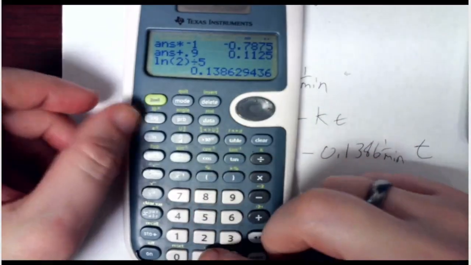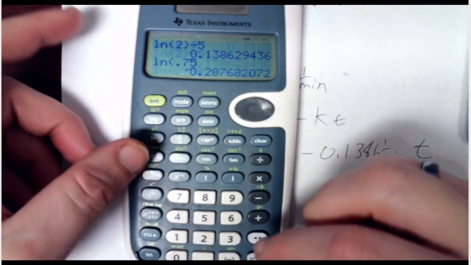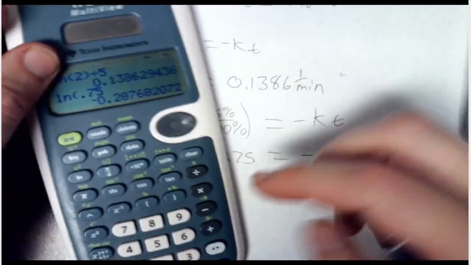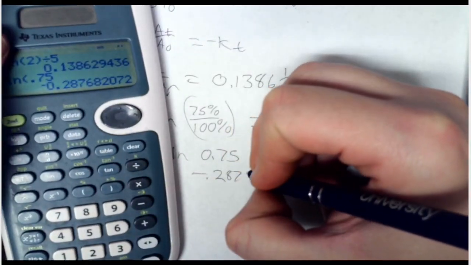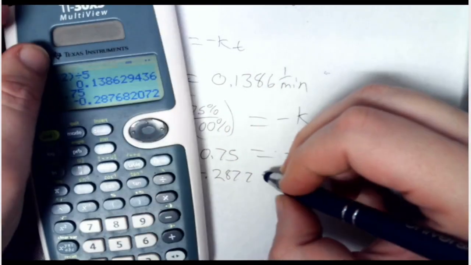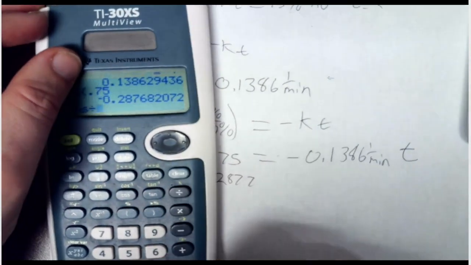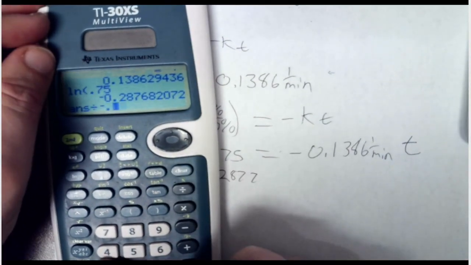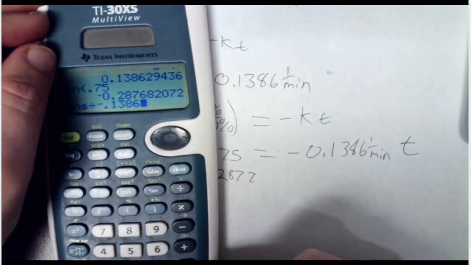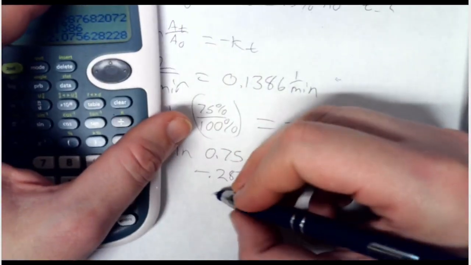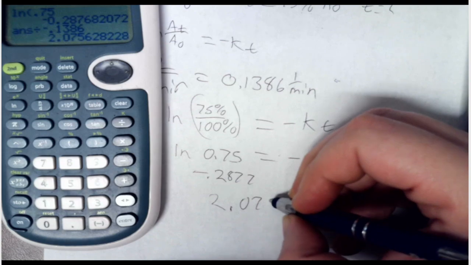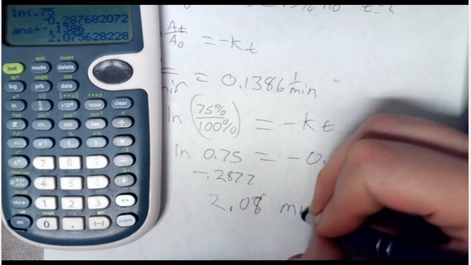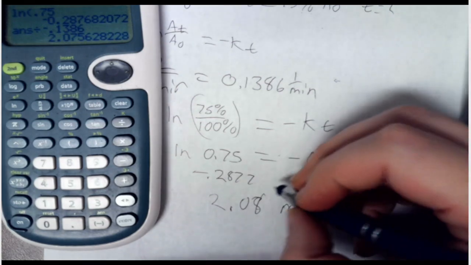So ln of 0.75 is a negative number, negative 0.2876. So that's negative 0.2877. I'm going to round that. And when I divide that by the negative 0.1386, I get the time it would take is 2.08 minutes. And that should also make sense.